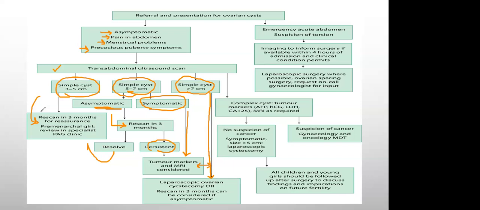Now, if we have an emergency condition, a patient coming to the A&E with acute abdomen, suspected tubo-ovarian abscess, suspected torsion, suspected rupture of a huge ovarian cyst or something, imaging to inform surgery if available within 4 hours of admission and clinical condition only.